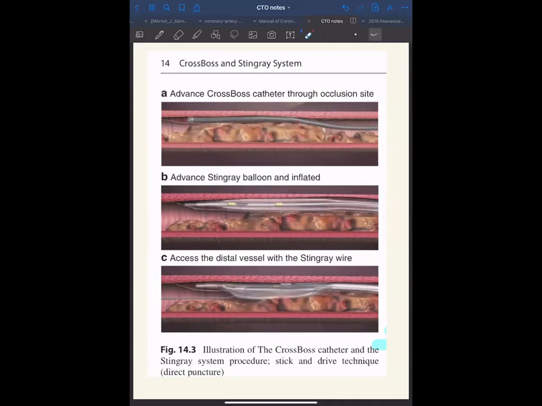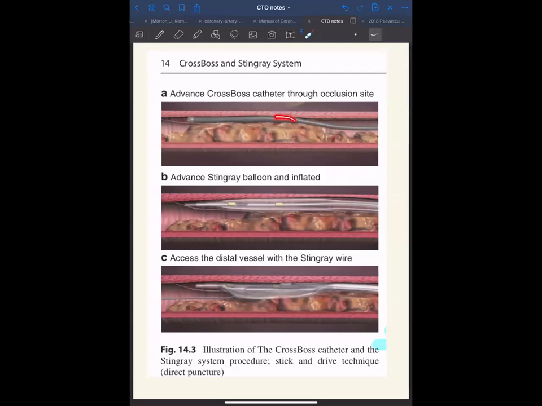So the Crossboss and Stingray are usually used together. Crossboss is a blind thing. It doesn't need the wire to be sent. So it can be sent as it is with a rotating technique. So we can advance the Crossboss into the subintimal space, as we can see here. And now you can understand why it has a specific role in in-stent restenosis, because it can actually perforate and go this way also, if it is a bad vessel, bad calcification.